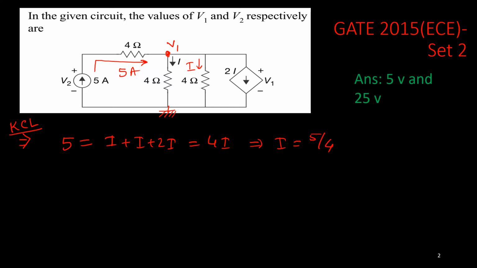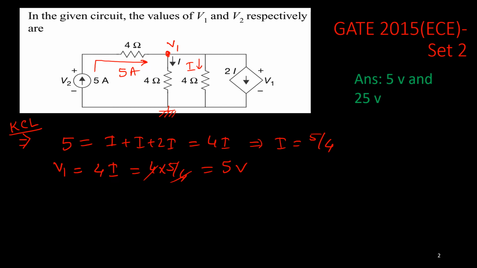So our work is done. What is V1? V1 is the voltage across this 4 ohm resistance, where current I is flowing, so V1 is I into R, which is I into 4. So V1 is 4 into 5 upon 4, which is 5 volt.